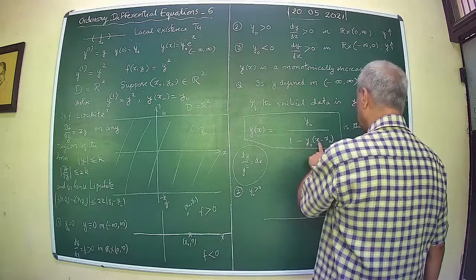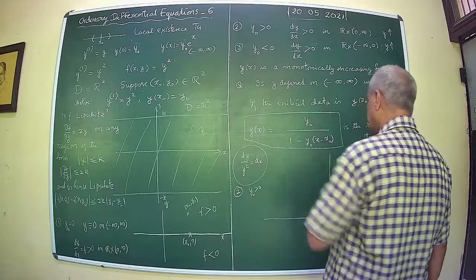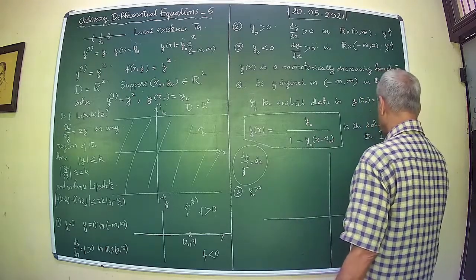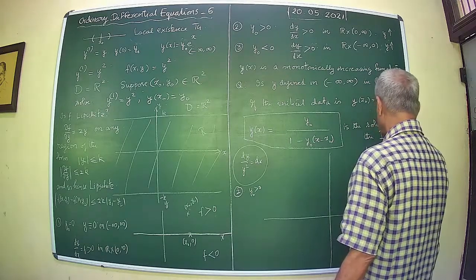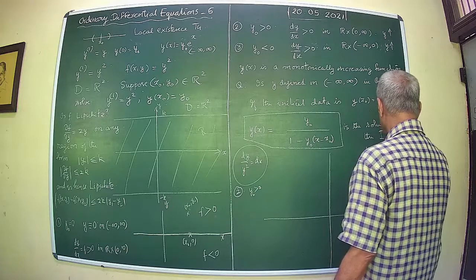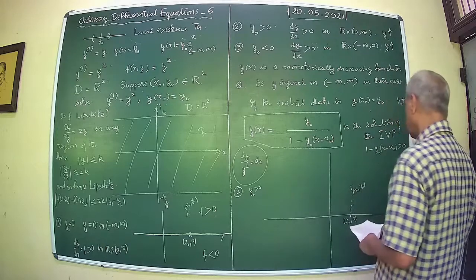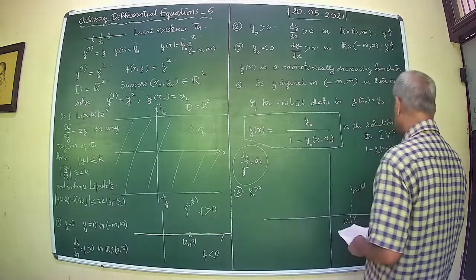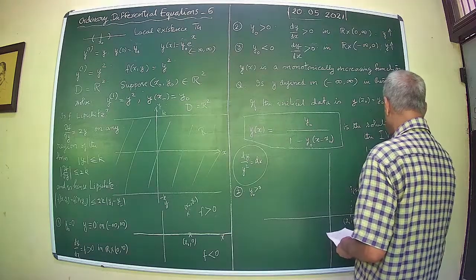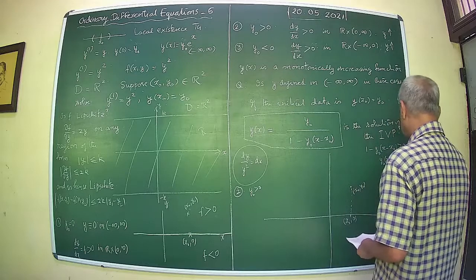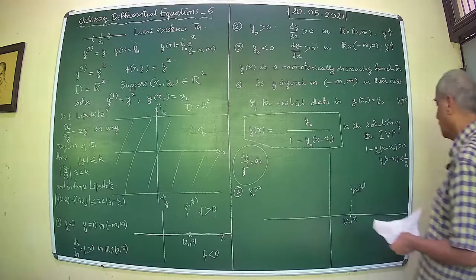and for 1 minus y naught into x minus x naught to be positive, what is that condition? That is y naught into x minus x naught less than 1 upon y naught.